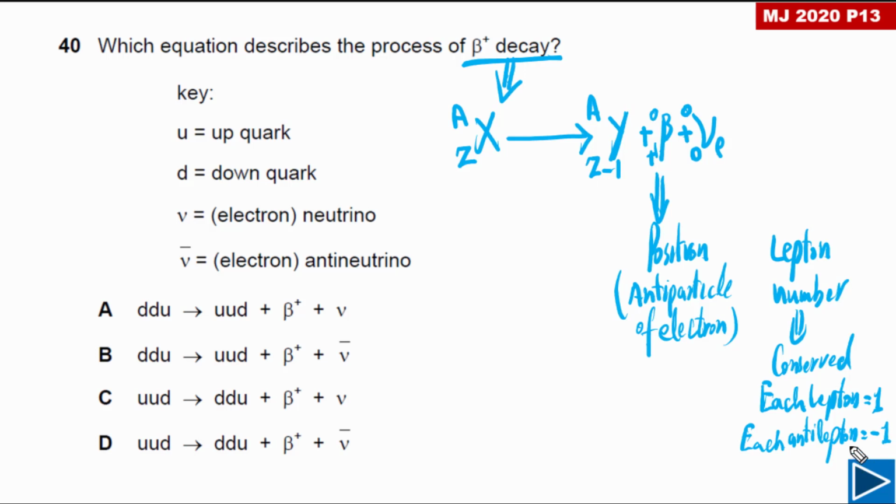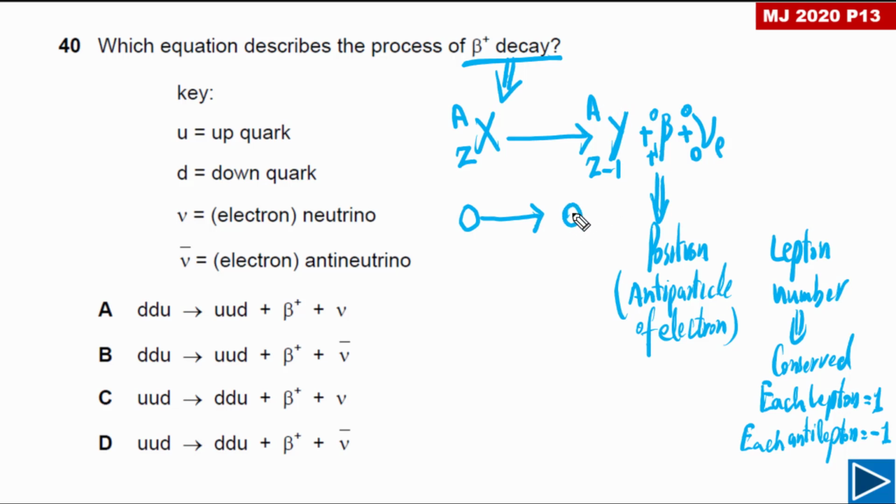If the particle doesn't belong to the lepton family, then the lepton number will be 0. This nucleus doesn't belong to the lepton family, so its lepton number is 0, and this nucleus also does not belong to the lepton family.